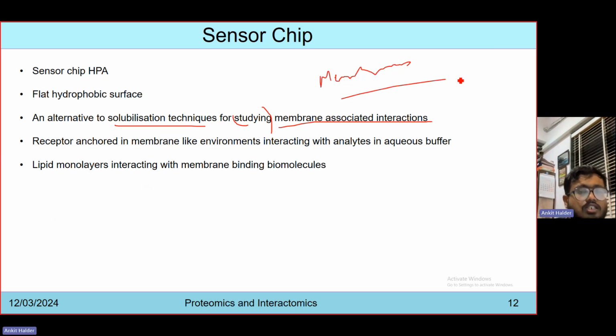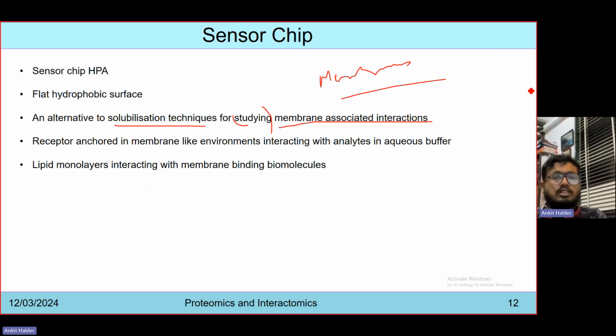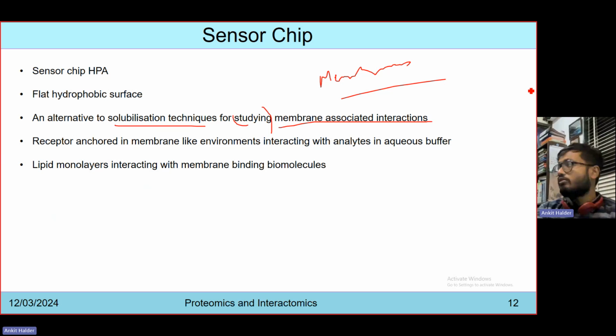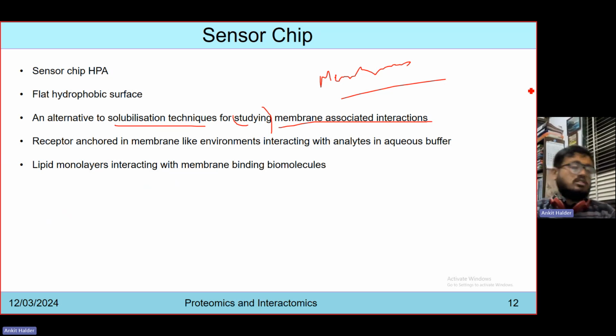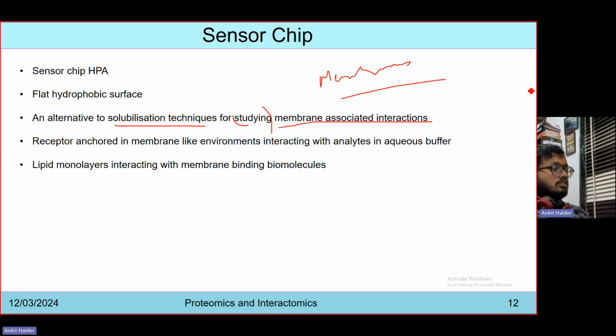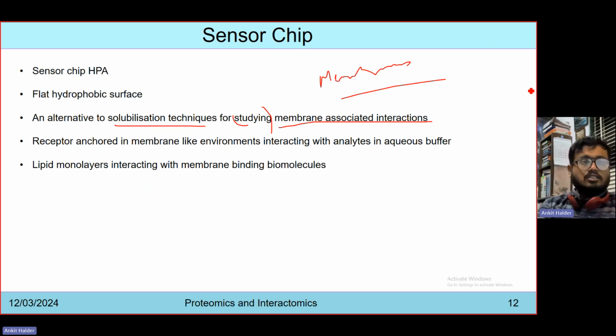As I have already mentioned at the start, membrane associated interactions can also be well studied using SPR, or surface plasmon resonance. So the sensor chip HPA gives us the opportunity to study using a flat hydrophobic surface.